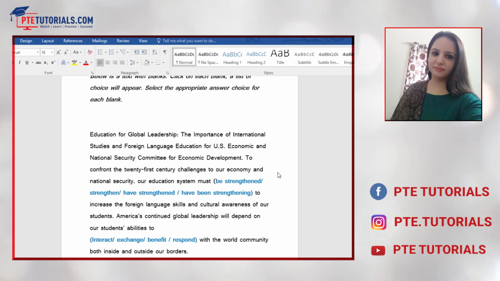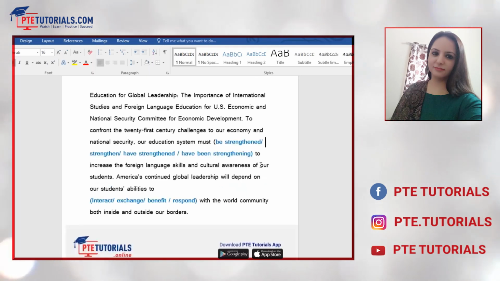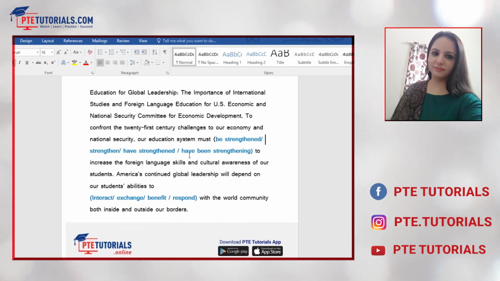Understanding. To confront the 21st century challenges to our economy and national security, our education system must be strengthened, have strengthened, or have been strengthening. Now look at how this sentence is framed.